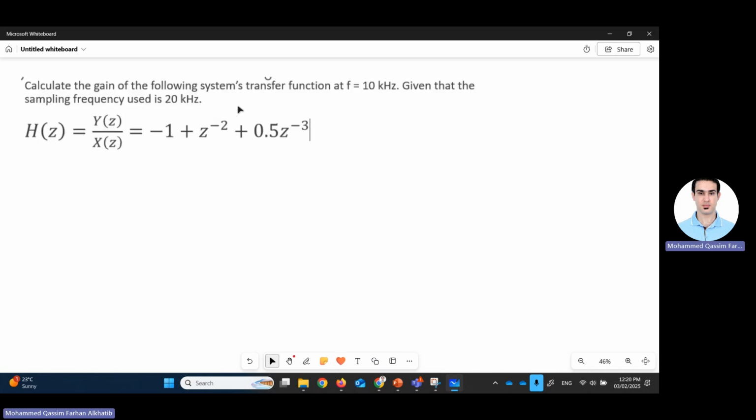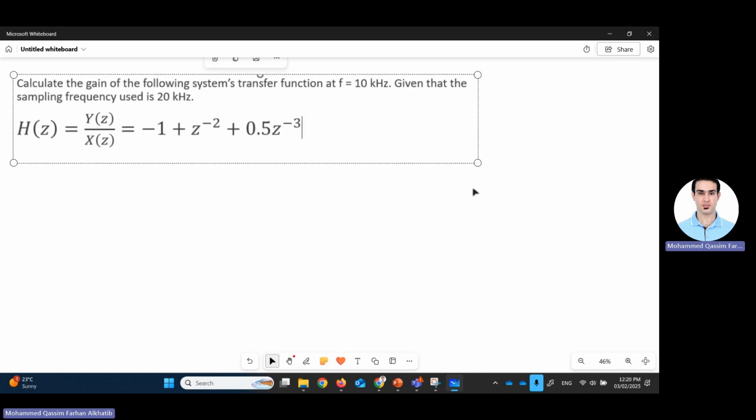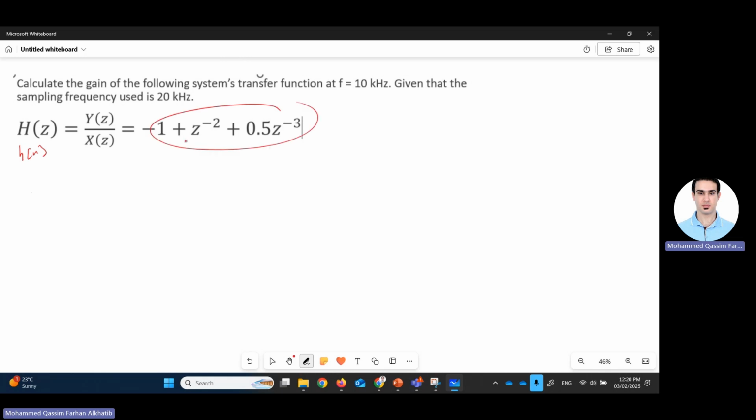All right, so I have this question, and that's the typical kind of question you may face in the exam. The only changes I will make are either to express this one as h of n, and definitely I will change the transfer function coefficients. All right, so we'll start by finding h of omega.